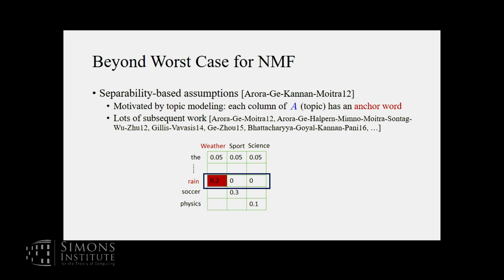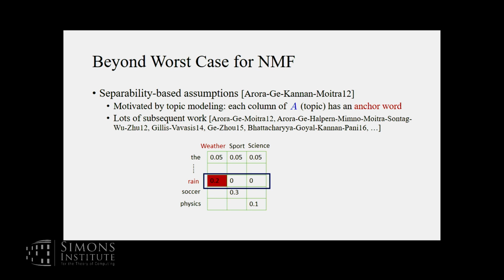Okay, so what do we know about NMF? This paper proposed the so-called separability assumption motivated by topic modeling. The assumption says that each topic, basically each column of the matrix A, has a so-called anchor word. Well, what is an anchor word?